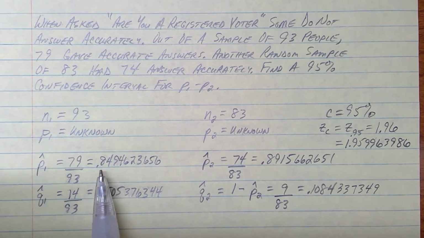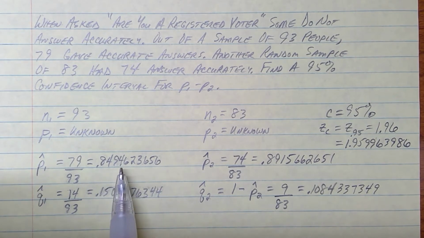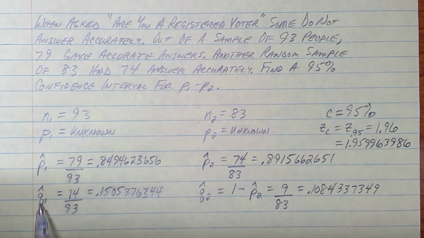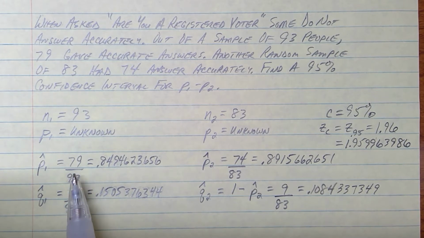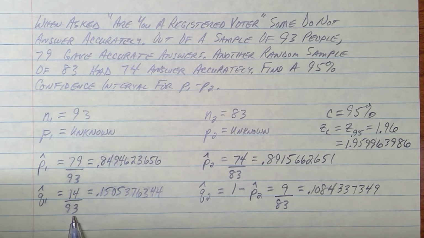But for most cases, 0.8495 would be fine and would get you the right answer every time. All right, q hat. This is still group 1. This is the people who did not answer accurately. So that's the rest of the 93. You can do 93 minus 79 to get this 14 out of 93 if you like.